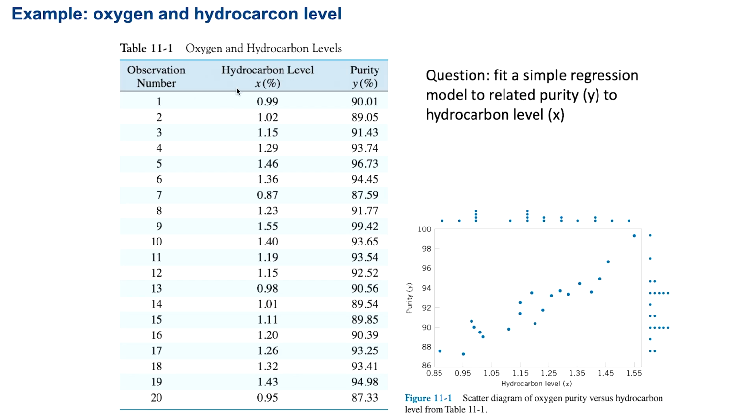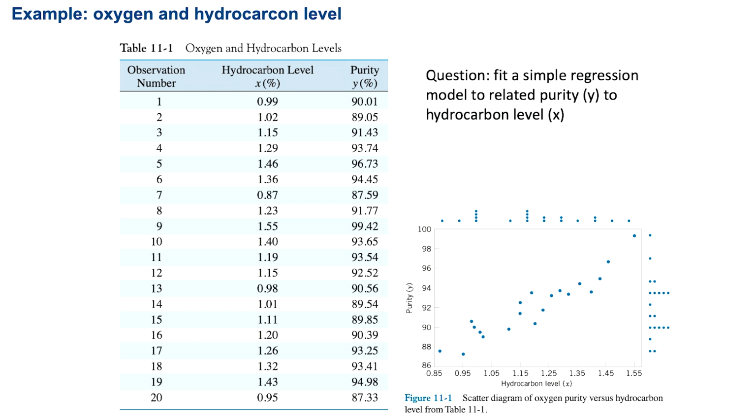So let's look at an example. Here we are given some data points: hydrocarbon level and oxygen purity, and we also have the number of observations.